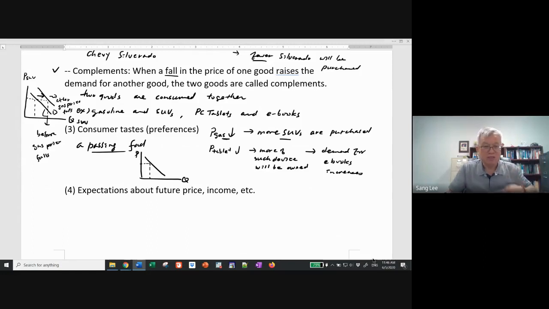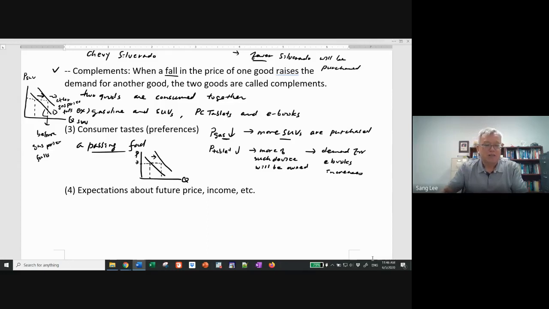When there's just such a passing fad, even at the same price, people buy more of something, so demand will shift to the right. But of course, such passing fad dies, then demand curve will shift back to the left. Okay.